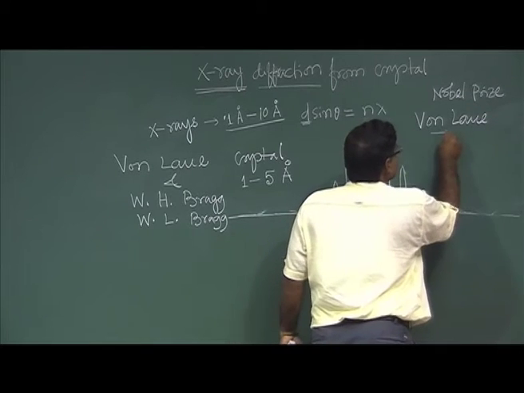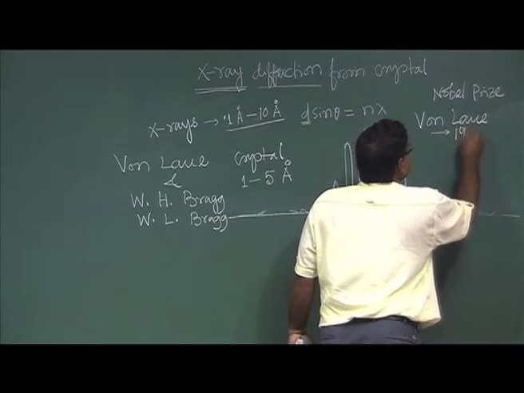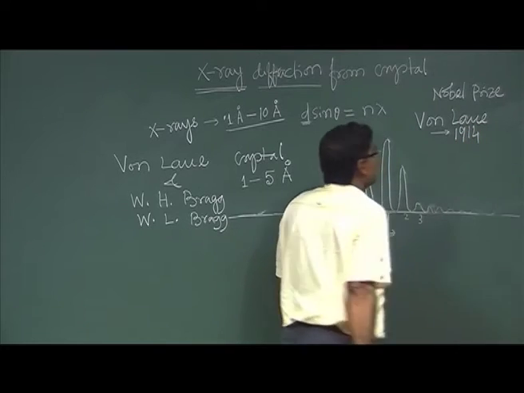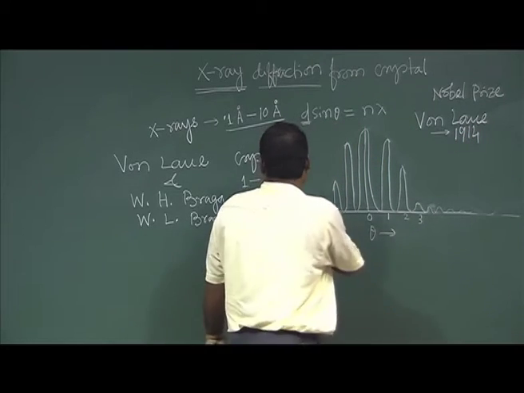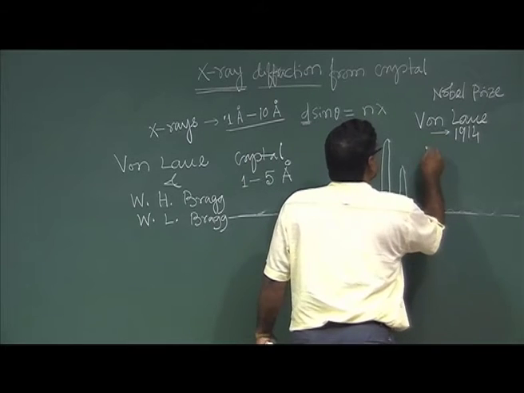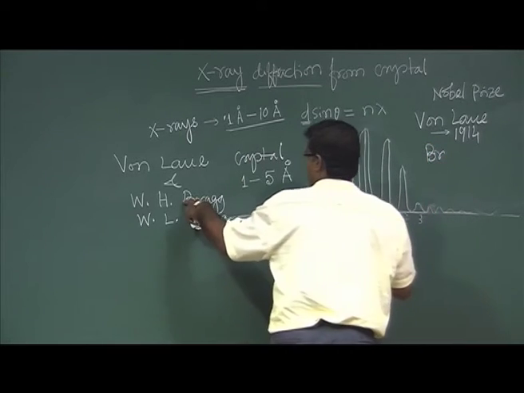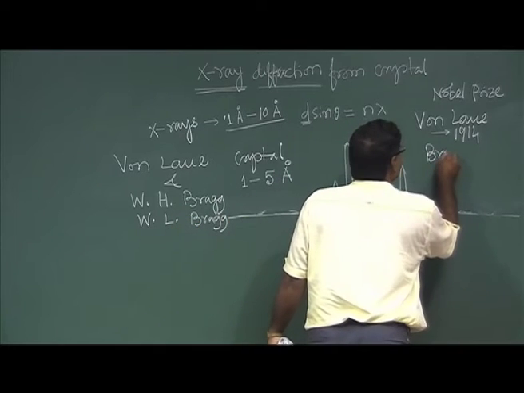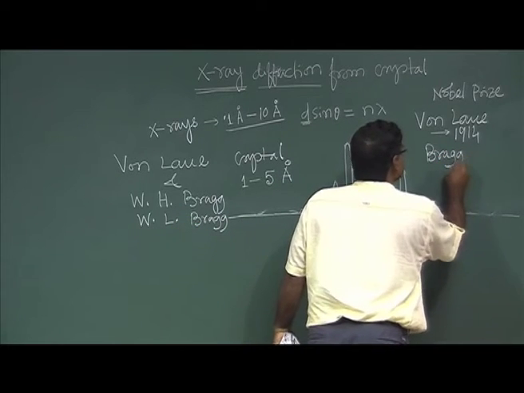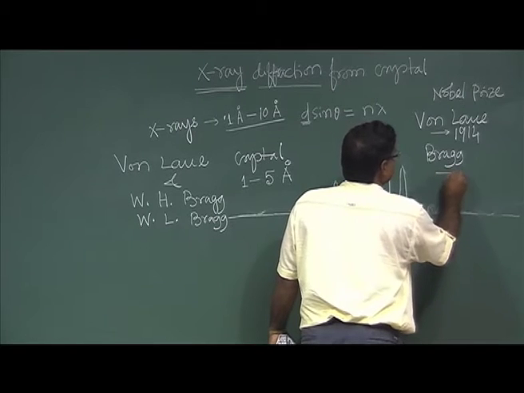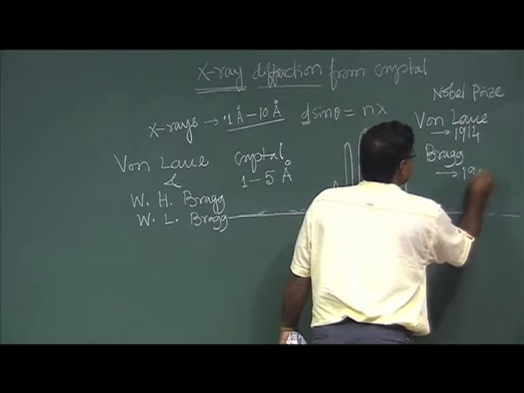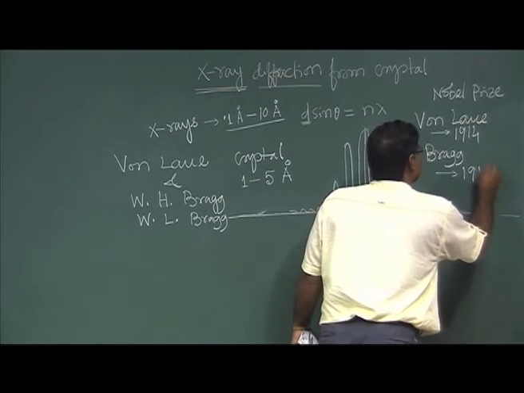He received the Nobel Prize in 1914, and W.L. Bragg and W.H. Bragg, they are father and son. So, Bragg received the Nobel Prize the next year, 1915.